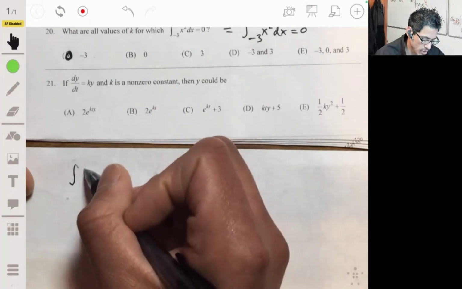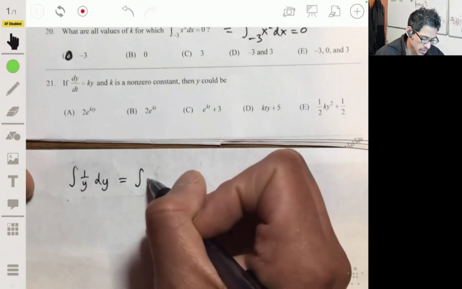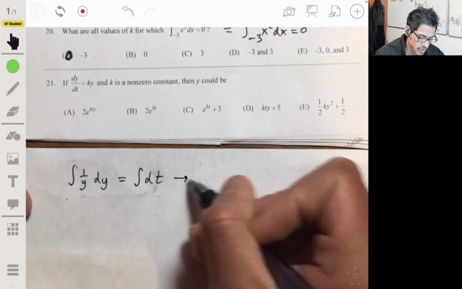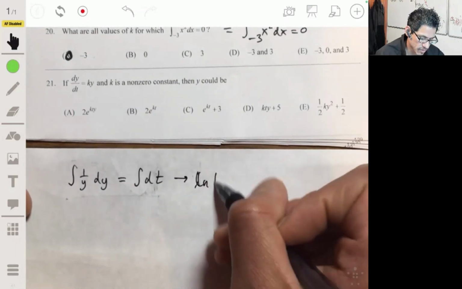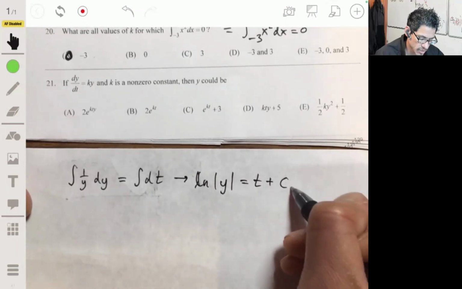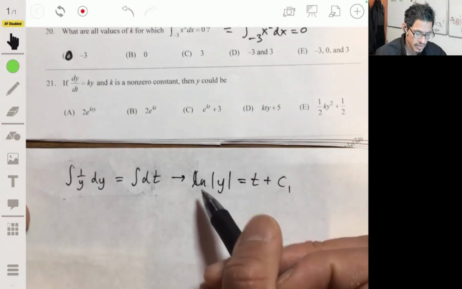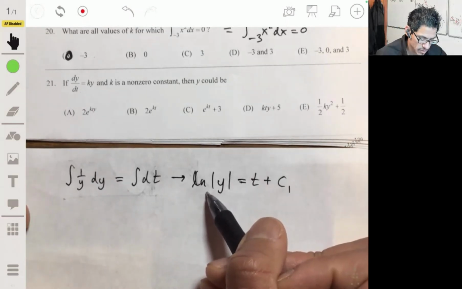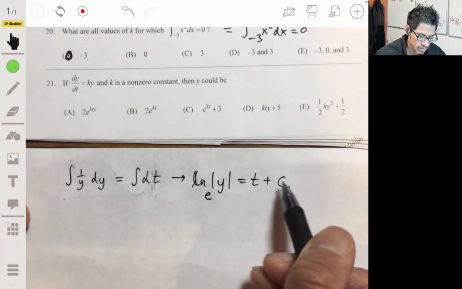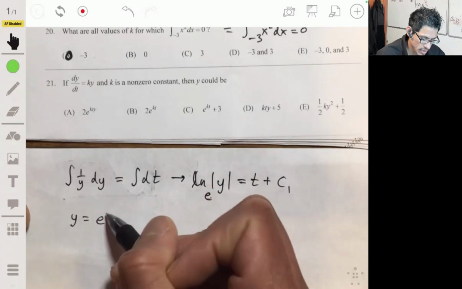So we would have 1 over y dy is equal to integral of dt. Integrating this, we would get the natural log of the absolute value of y is equal to t plus some constant called c1. Now, using exponential, because remember this is a base, we would take e to the t plus c1, and that will be equal to y.